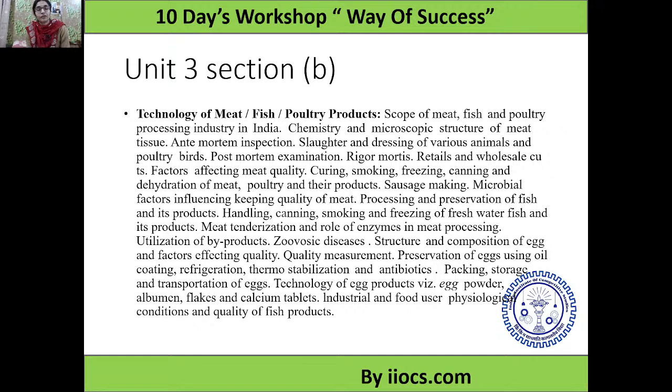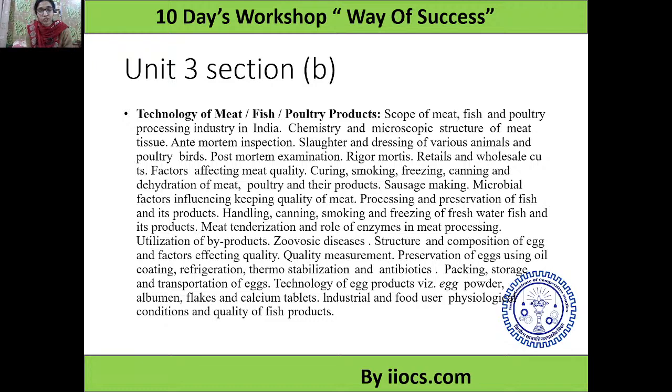Then the different methods, from traditional to modern, that have been adopted to preserve the eggs. Like oil coating, which is a very traditional method, then refrigeration, thermostabilization, the use of antibiotics, etc. So this also we are going to cover, and definitely on thermostabilization, a lot of questions are there.